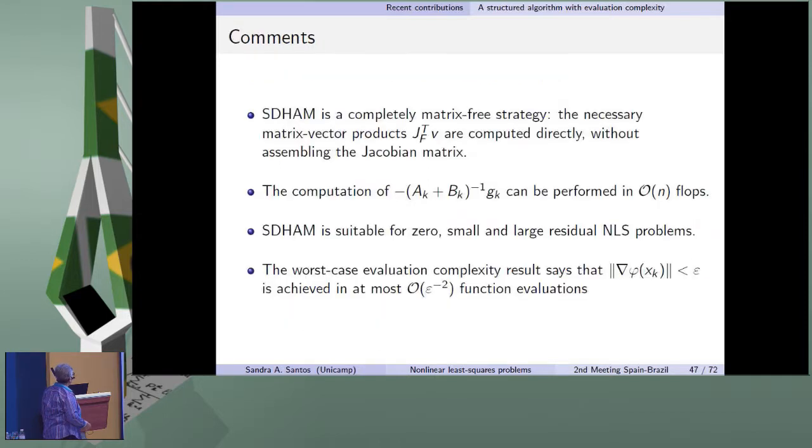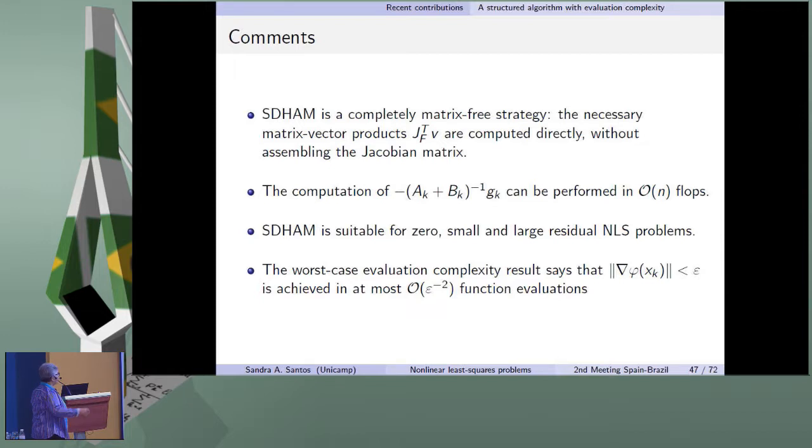So all in all, in SGHAM, we have a matrix-free strategy that uses these matrix vector products without assembling the Jacobian. The solution of the linear system that has to be performed in each iteration can be done in just order of number of variables operations.